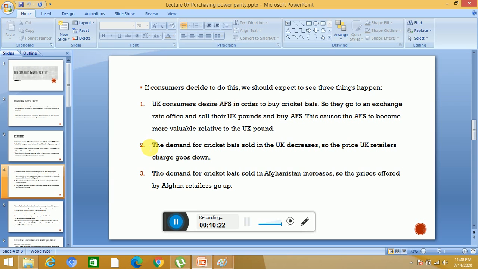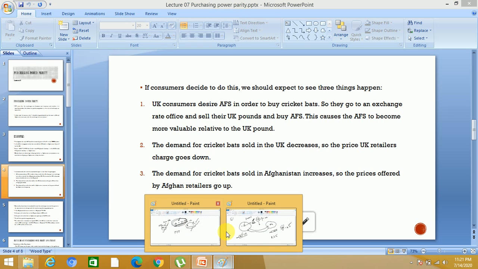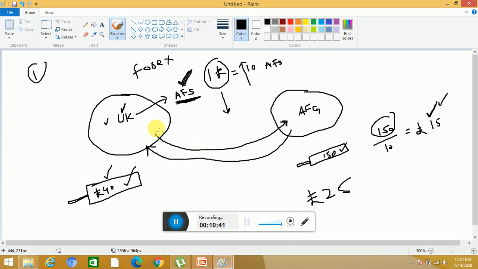Second thing that will happen in the market: the demand for cricket bats sold in UK decreases, so the price UK retailers charge goes down. When people go from UK to Afghanistan to buy cricket bats, here people means the main wholesalers, they will import cricket bats to UK and sell them here in UK.